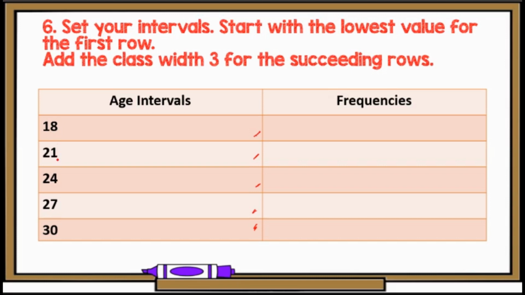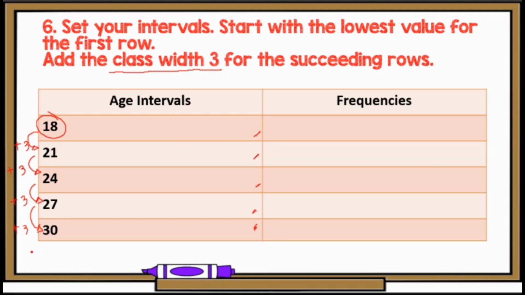Start with the lowest value, 18, and then add the class width 3 for the succeeding rows. So, 18 plus 3, you get 21. 21 plus 3 again, you are going to have 24. Add another 3, you are going to have 27. Add another 3, you are going to have 30.